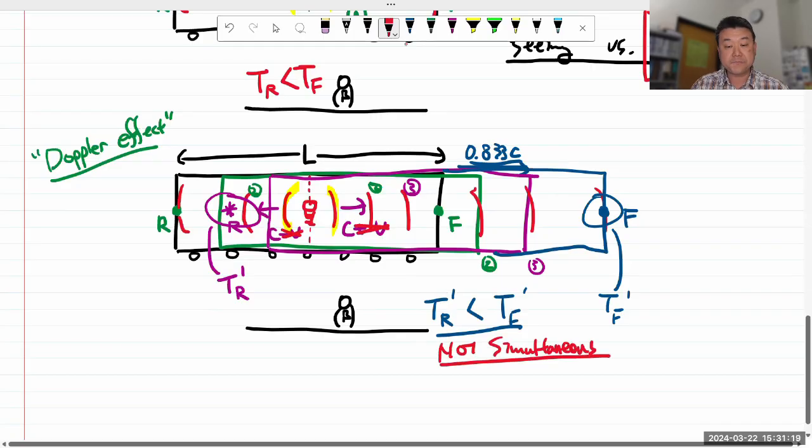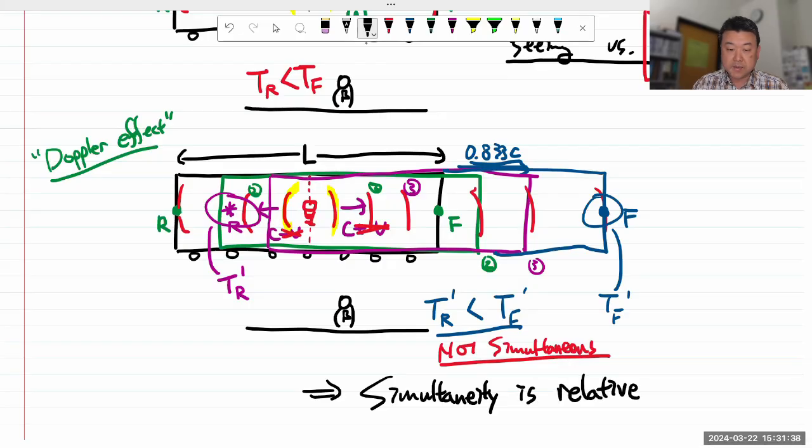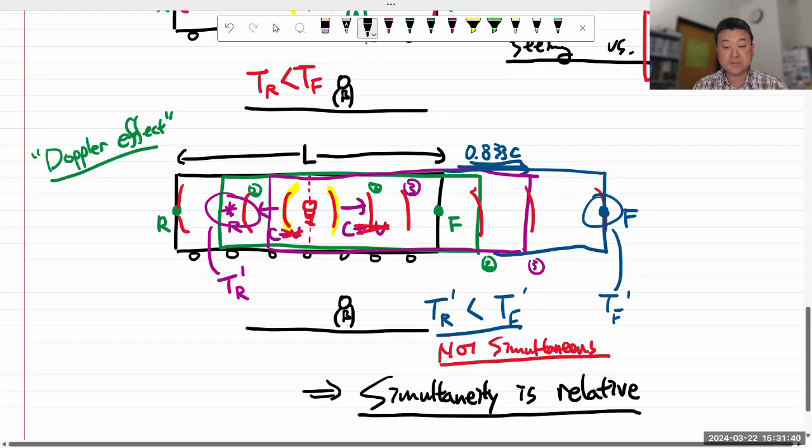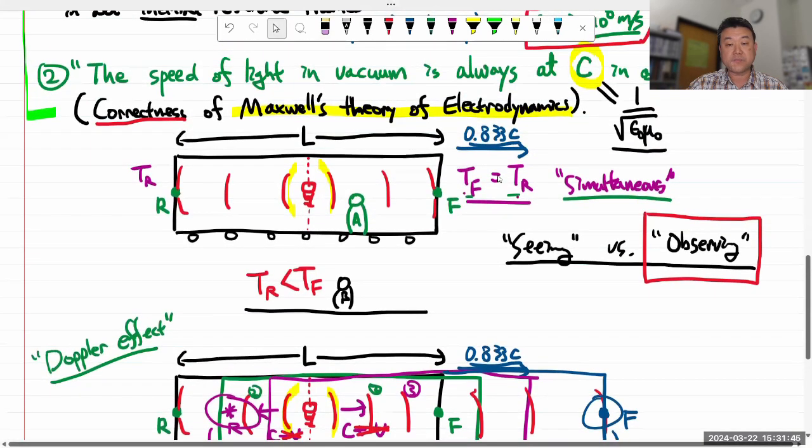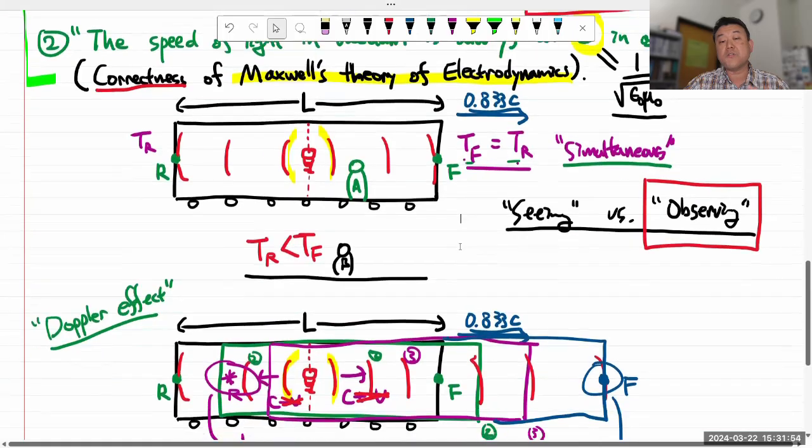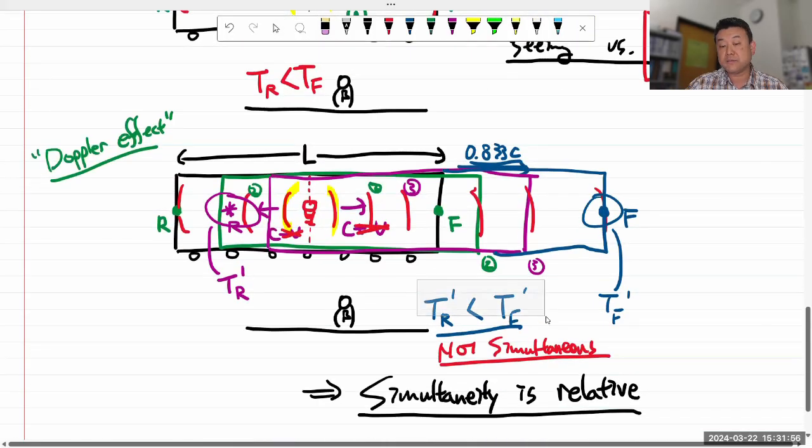And this is what leads us to say simultaneity is relative. Whenever two events appear to happen at the same time, that's what we call simultaneity. Simultaneity is relative, meaning if you have two events that are simultaneous in one inertial reference frame, like T_F and T_R here, then, especially if they are separated in space, it is possible to find another reference frame where they are not simultaneous.